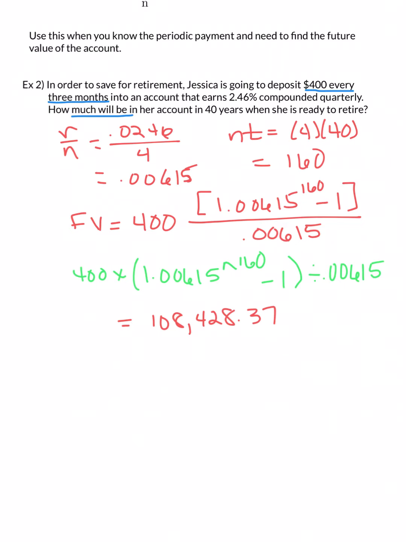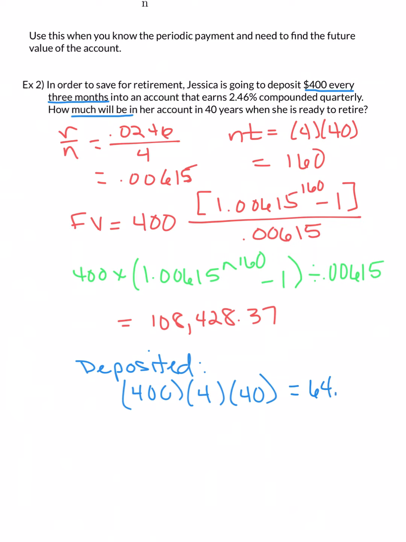On the other hand, if you think about what was actually deposited, Jessica was doing $400 4 times a year for 40 years. If we multiply all that, we get 64,000.